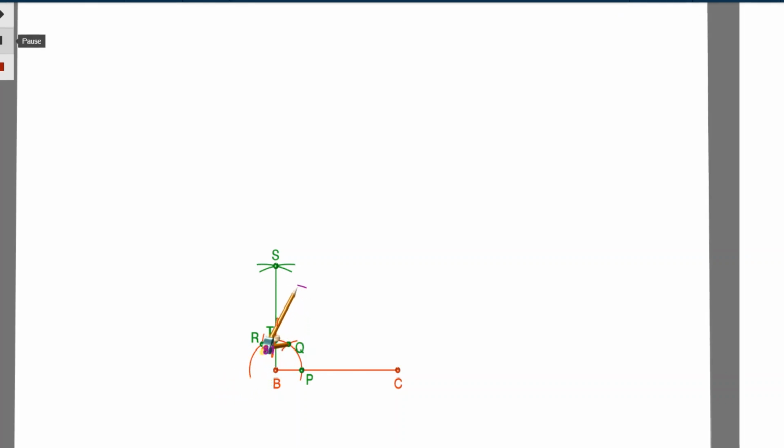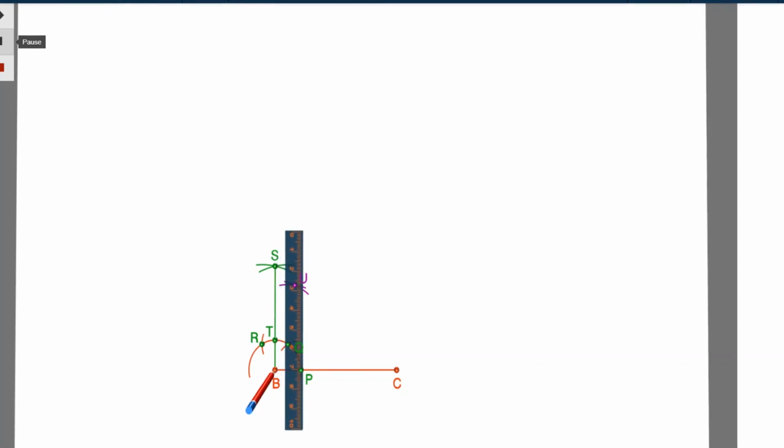So SBC is 90 degree. Now our aim is to bisect QT, that is 30 degree, to make 15 degree. So same process, with Q and T as centers and any convenient radius, but from Q and T don't change the radius, and both arcs intersect at some point. Suppose it is U, then join BU.